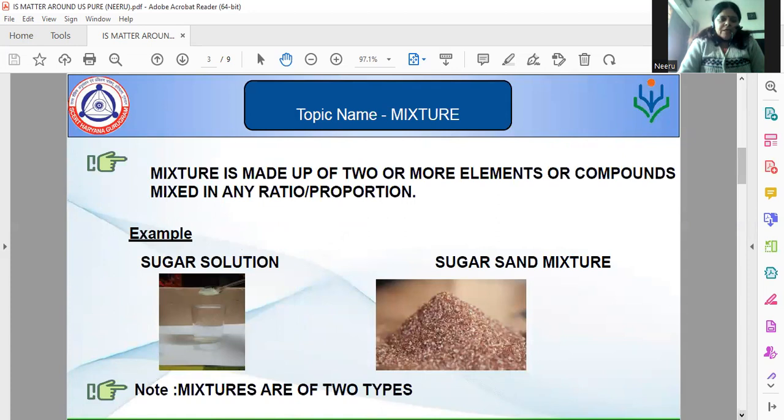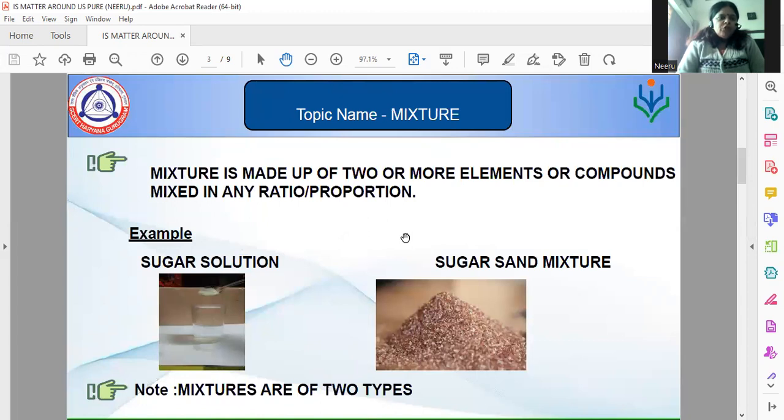See, in this first slide, I have made clear what a mixture is. A mixture is made up of two or more elements or compounds mixed in any particular ratio or proportion. Actually, what we find around us is not always pure. What we call pure is not actually pure.